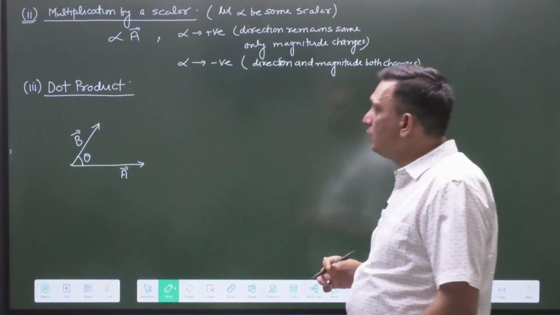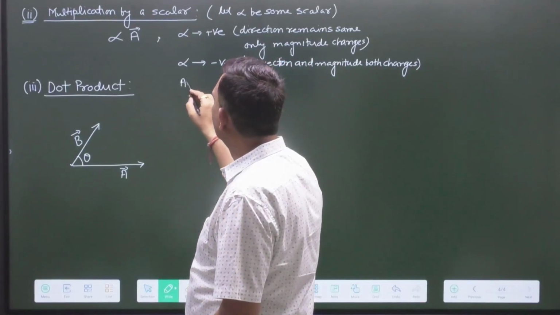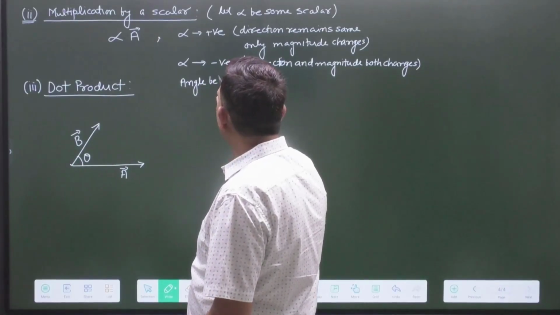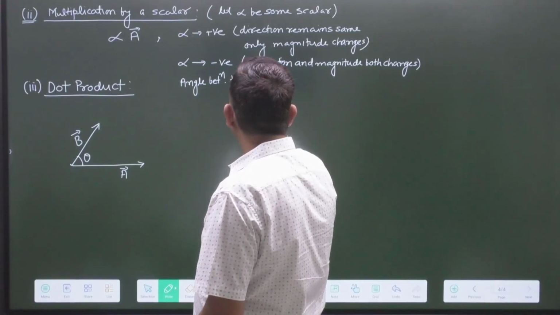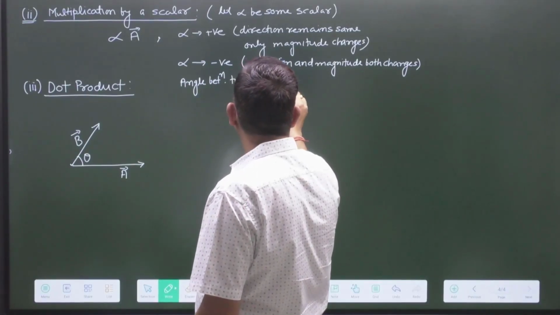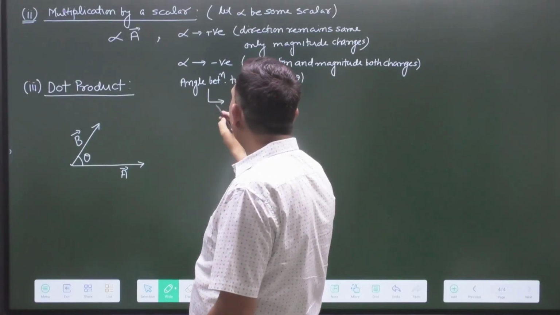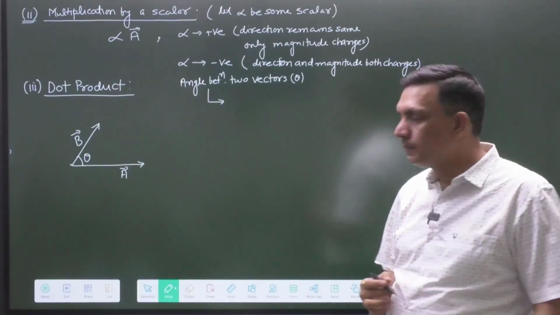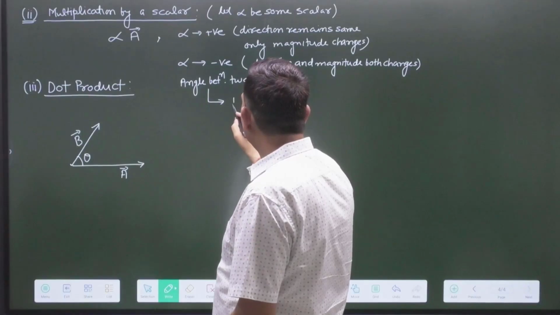So first you should know what is angle between two vectors. This angle is theta. How will you identify angle between two vectors? So the definition is, you have to always use this definition.